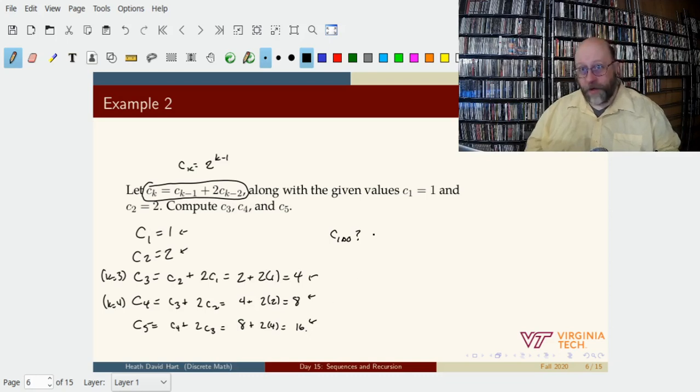Well, then we could compute C100. It's 2 raised to the 99 power, and get there quickly. But I don't have this formula at the beginning of the example. I only had this formula, and this formula requires that I build my sequence up one term at a time. All right.